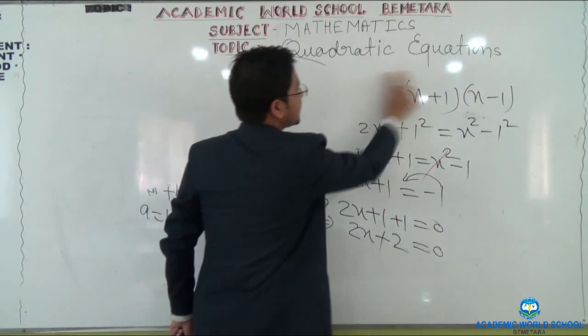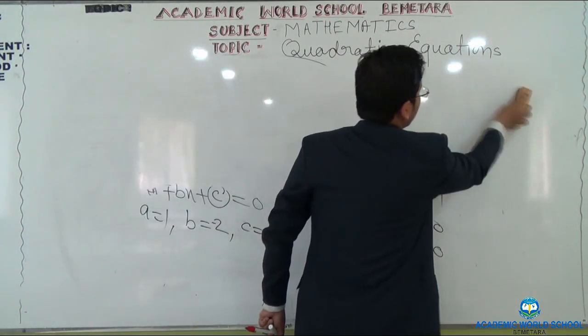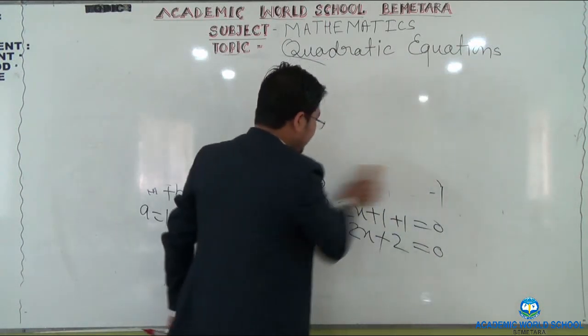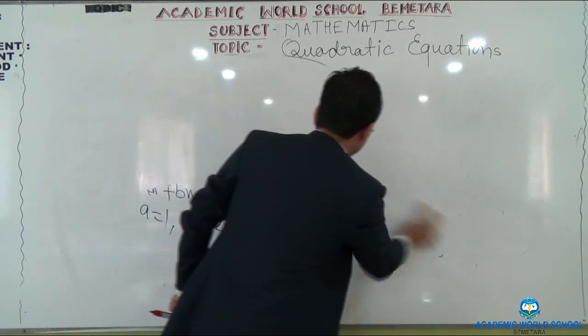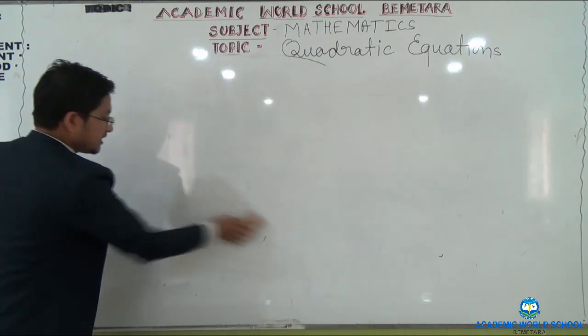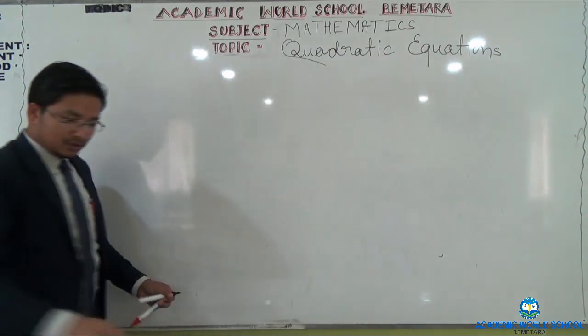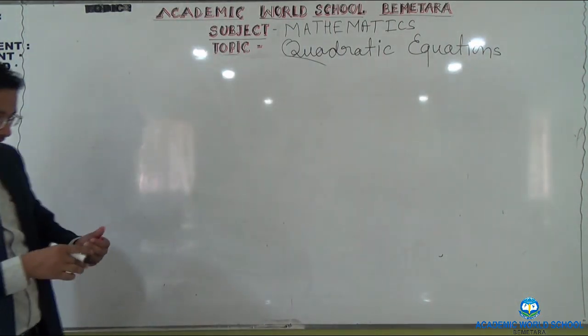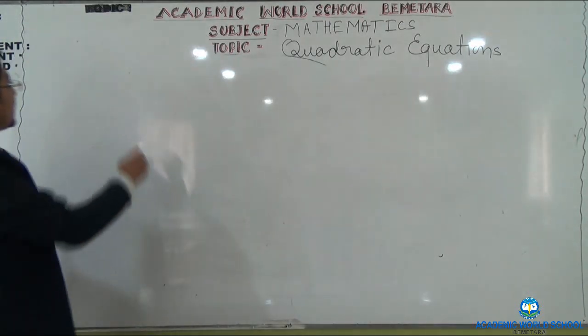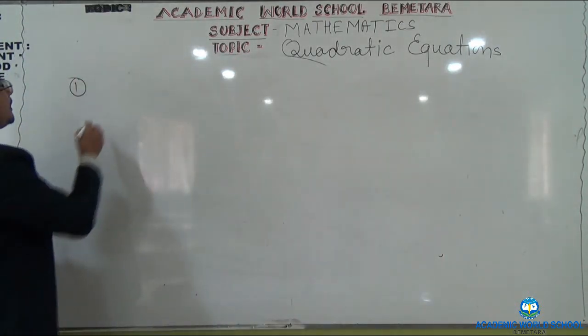Next I will be dealing with the solution of quadratic equations by the factorization method. The factorization method is very important and the easiest method of this chapter. We have already done it in the previous class, so I am going to take one very simple question.